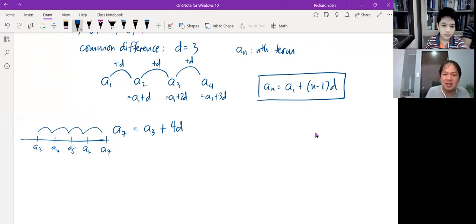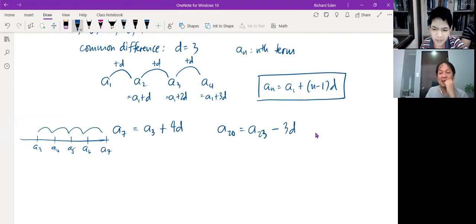And then how about, can we write a sub 20 in terms of a sub 23? Plus minus 3d. All right, minus 3d. All right, so just visualize it. Parang you don't always have to anchor it on this particular formula.